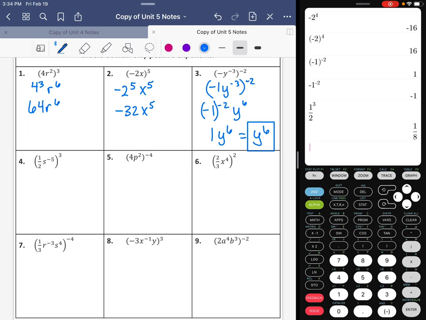So we know because of this 1/8 that we're going to have a fraction answer like this. What we have to figure out is, where does the s go? Well, we've got negative 5 times 3. So that's s to the negative 15. Well, s to the negative 15 needs to go to the denominator, so it can be s to the positive 15. So that's our answer on that one.